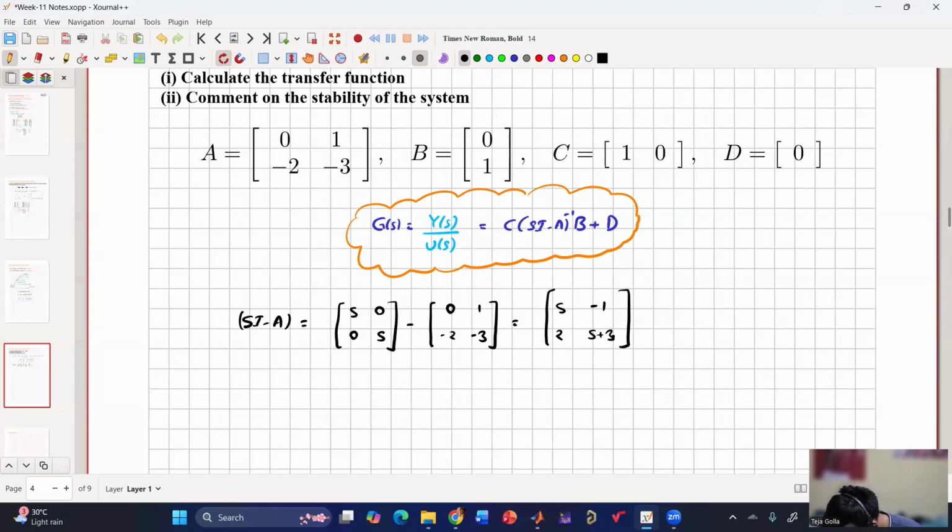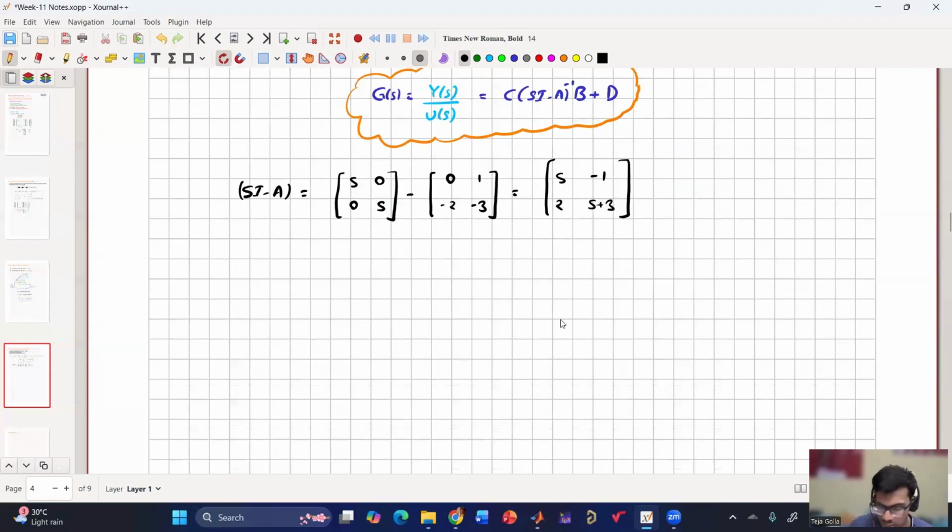Now for this, I have to calculate the inverse. So first let us calculate the determinant of sI minus A. The determinant is s into (s plus 3) minus of 2 into minus 1, which is plus 2. So it is s square plus 3s plus 2.